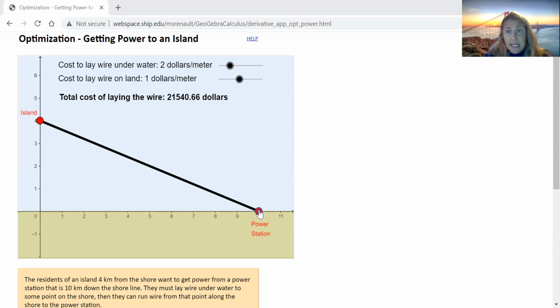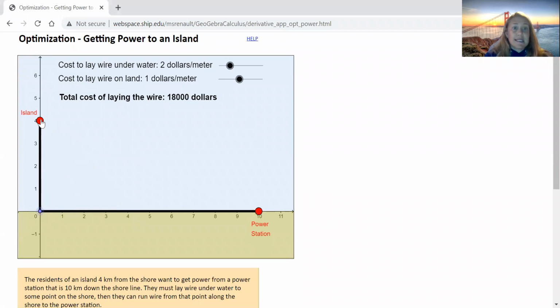If I said, it's more expensive under the water, so let's get out of the water as fast as we can, and I went like this, just get right out of the water, go that 4 kilometers, and then go from 0 to 10, that is cheaper. That comes in at $18,000.